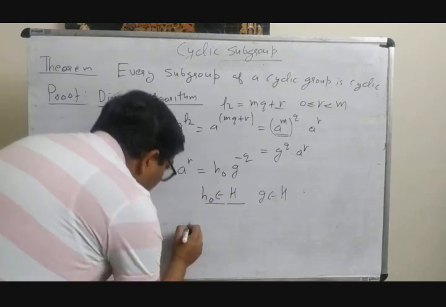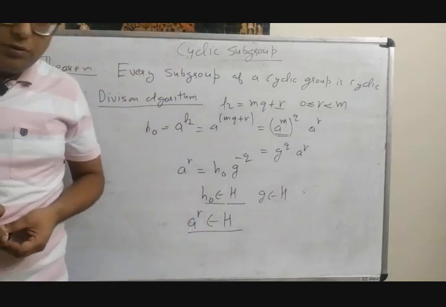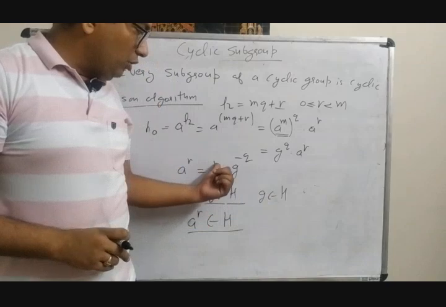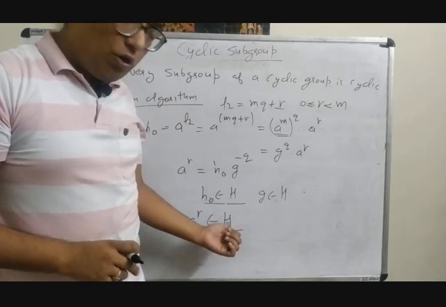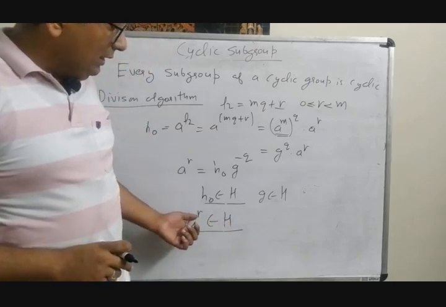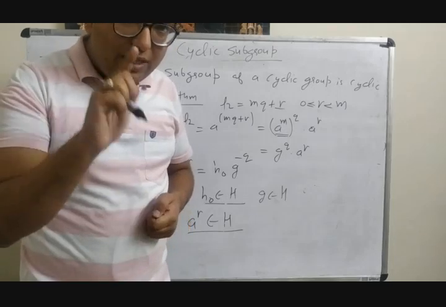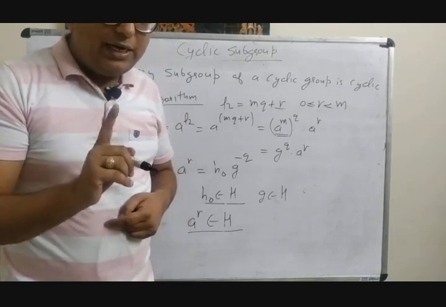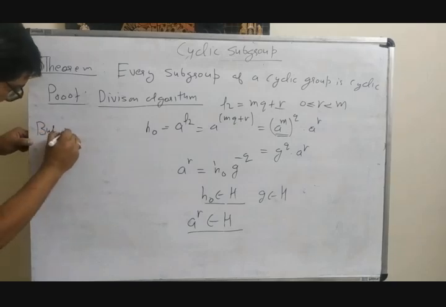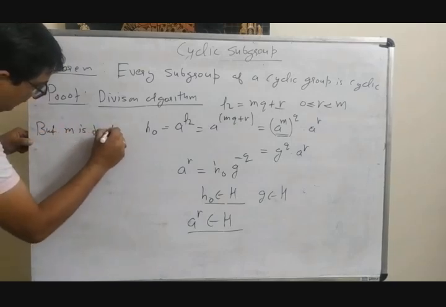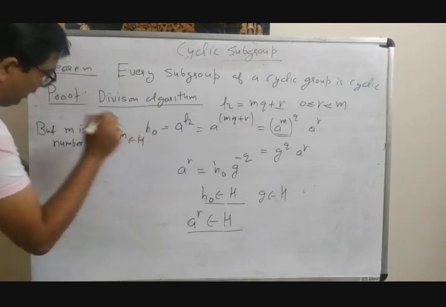It means that a raised to power r must belong to H, because H is a subgroup, h naught belongs to H, and g raised to power minus q belongs to H. This combination should also belong to H. Now, but r is less than m. But we know that m is the least positive integer such that a raised to power m belongs to H.